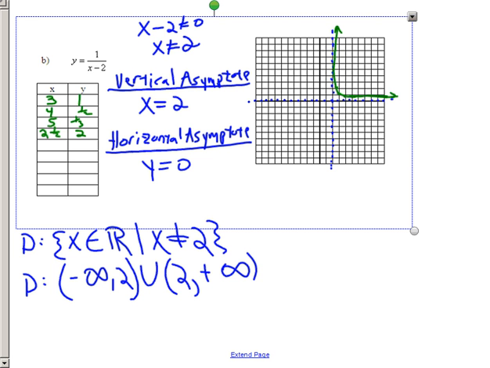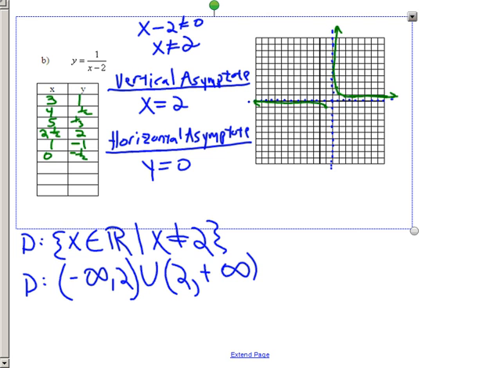Let's pick on the other side. If we pick a number like 1, 1 minus 2 is -1. 1 over -1 is -1. There it is. If you pick 0, you get -1/2. And again, we can quickly see that as x gets large in the negative direction, the y values are just going to get closer and closer and closer to 0.